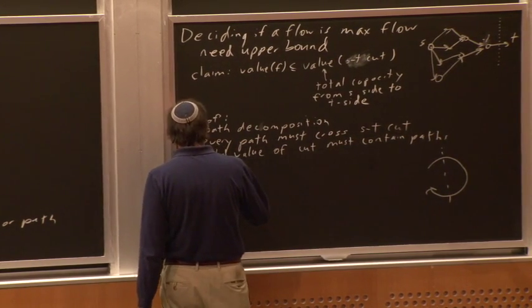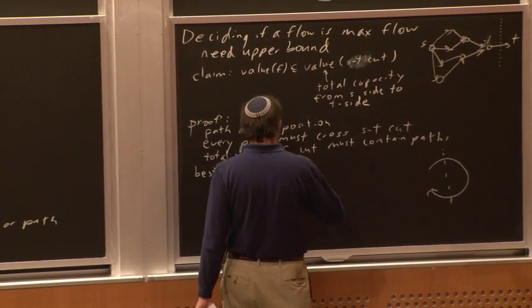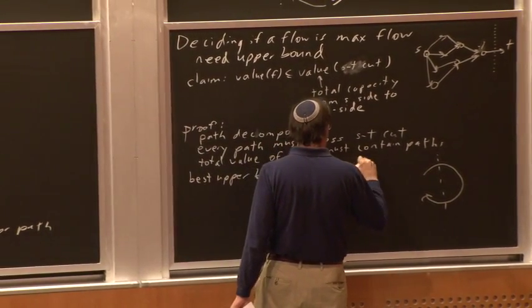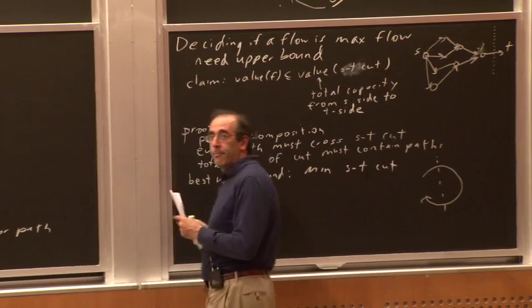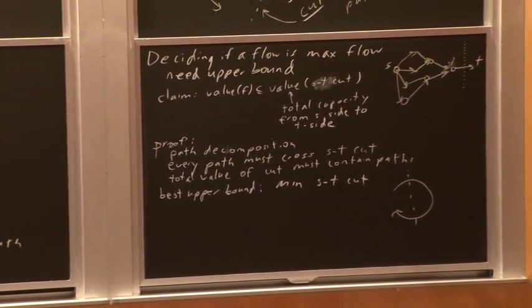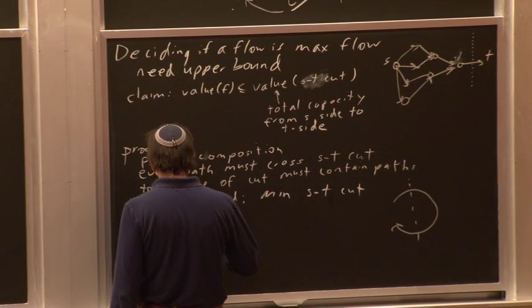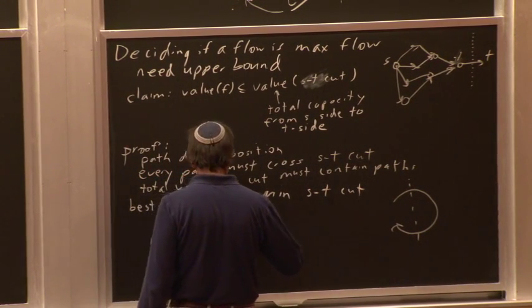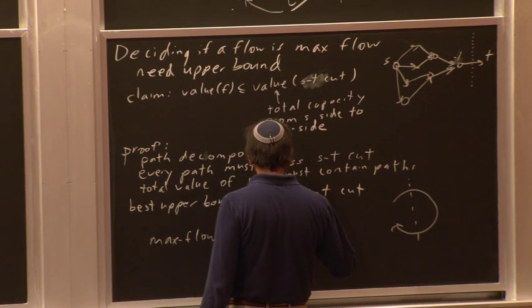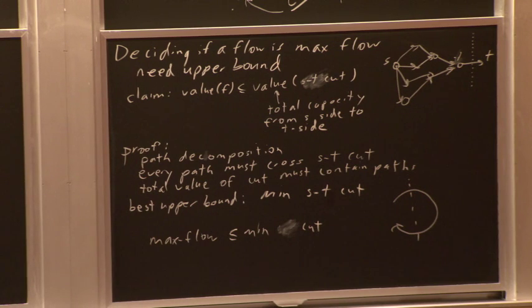So the best upper bound is the minimum value of an ST cut. Okay. And so what we've now proven is that the maximum flow value is less than or equal to the minimum ST cut value. And this is generally abbreviated to min cut under the assumption that we know what S and T are.